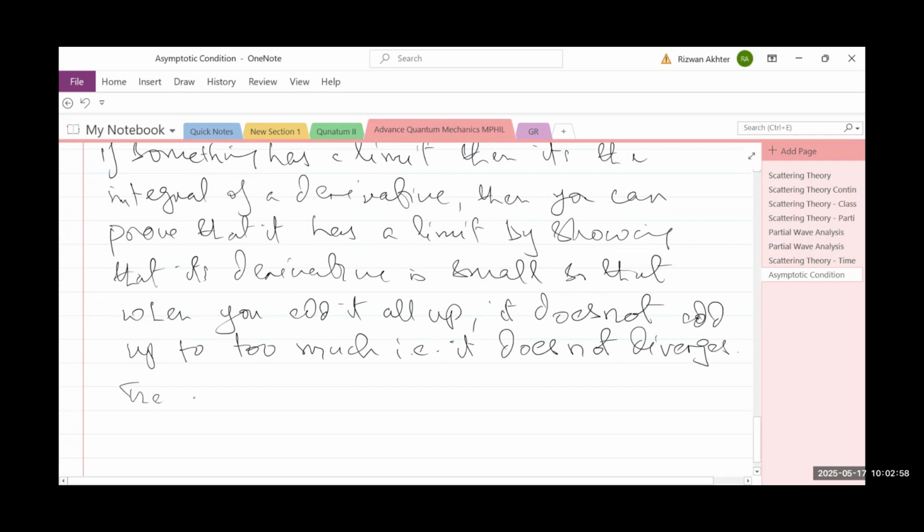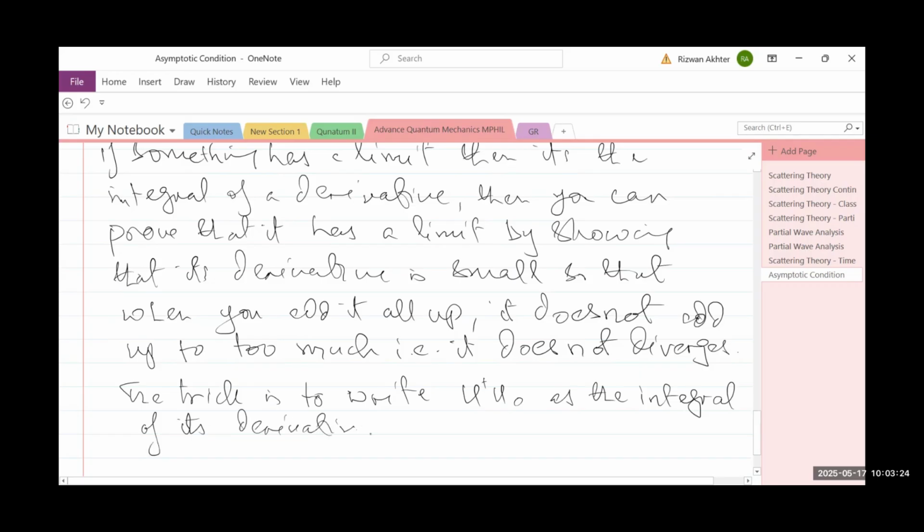The trick is to write u dagger u naught as the integral of its derivative. That is, you differentiate u dagger u naught, and then this is equated to the integral of this quantity.